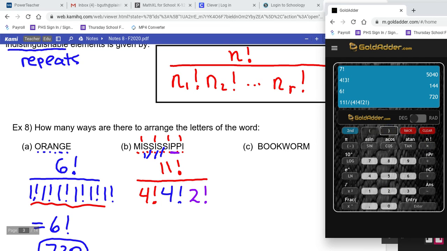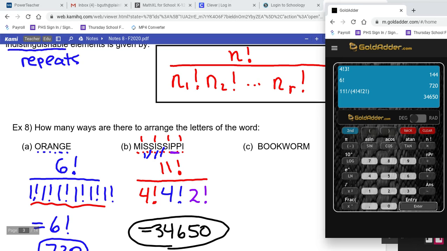If you don't put that in parentheses, it's not going to work, trust me. So I've got 11 factorial divided by all of that other stuff, 4 factorial, 4 factorial, 2 factorial. I get 34,650. There are 34,650 ways to shuffle those letters differently.